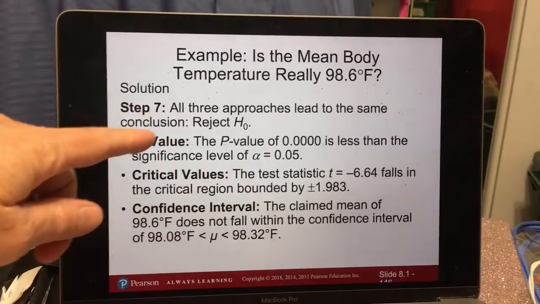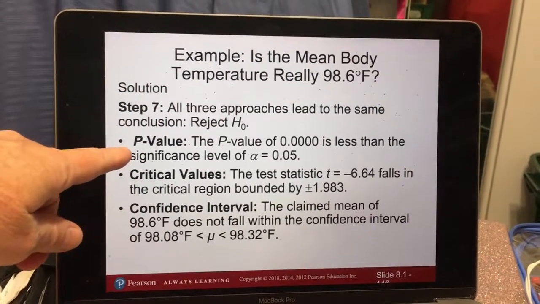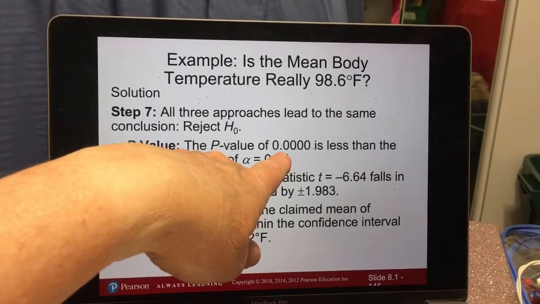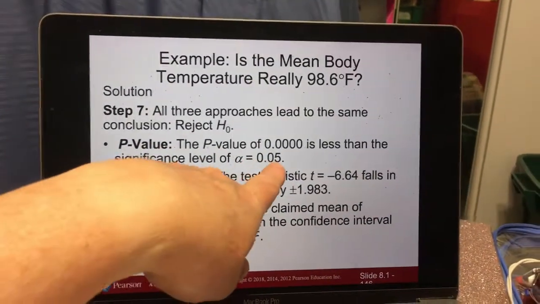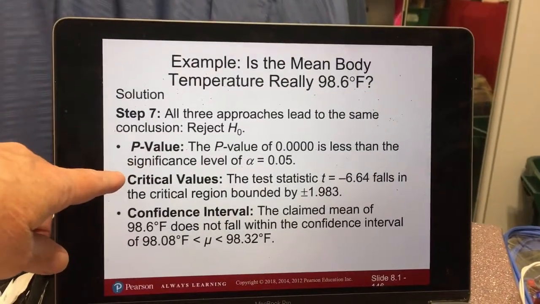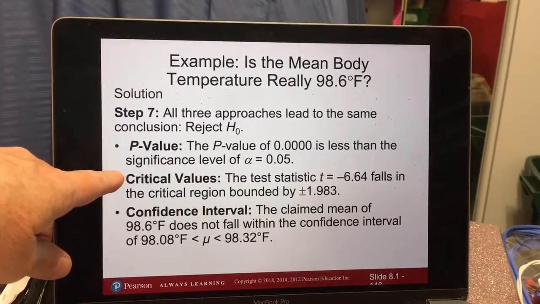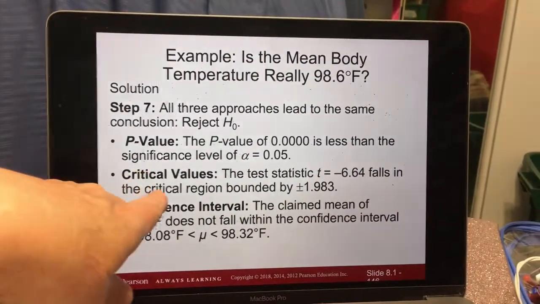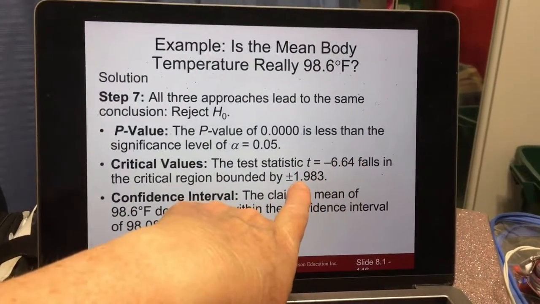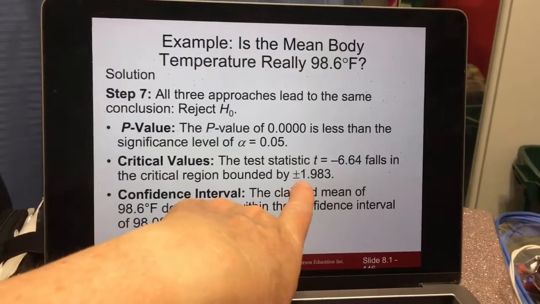And then, according to the p-value, so it says the p-value of 0.0000 is less than alpha, so the p-value is going to wind up being in the tail. And then the critical value is way far to the left of the test statistic, way far to the left.